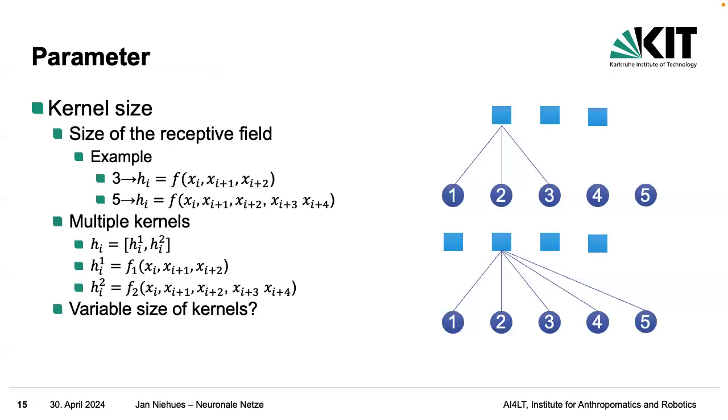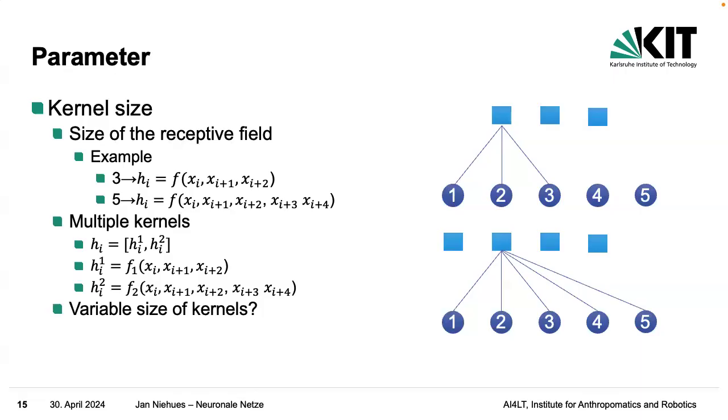And then you see that, of course, there is an overlap, but H1 gets as first input X1, while H3 goes up to X5 at the end. So you would have as an input from X1 to X5 all the way up into one hidden representation. So by stacking them up, you can also increase your receptive field, as mentioned already at the beginning.